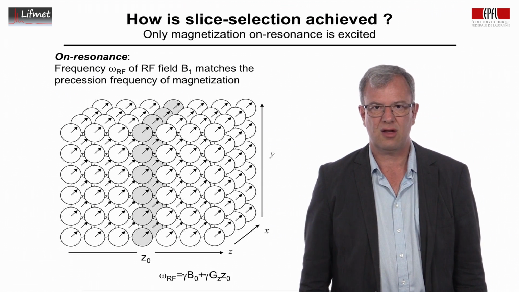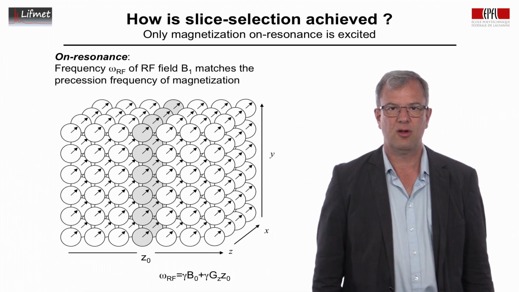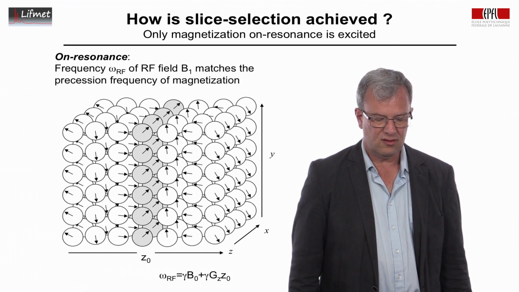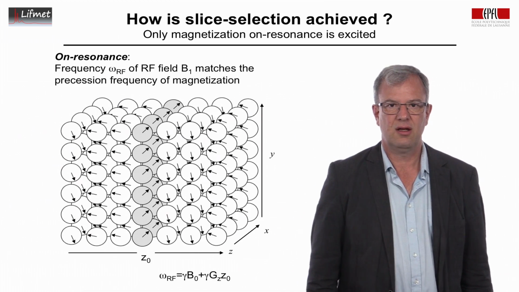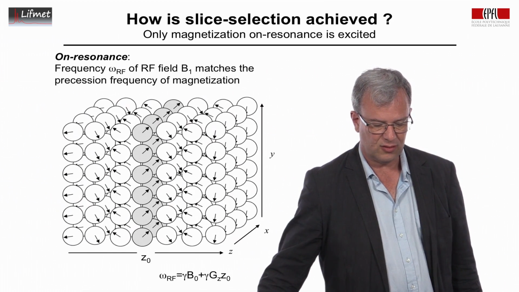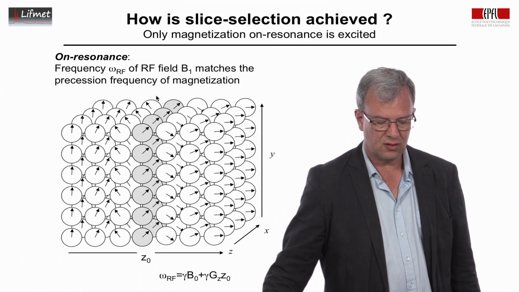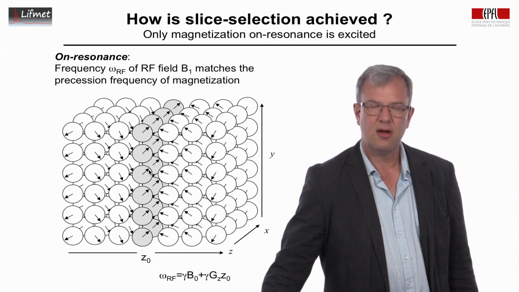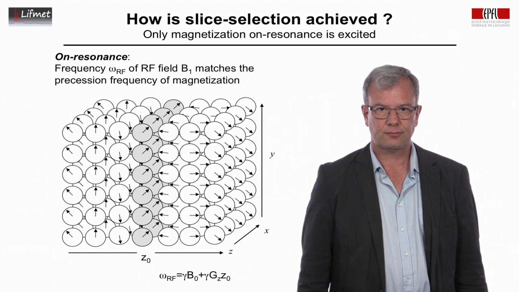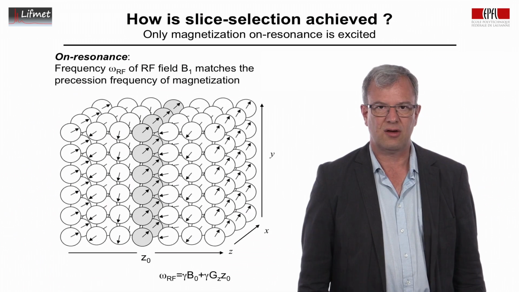If we set omega RF equal to that Larmor frequency, then we are capable of flipping the magnetization into the transverse plane. This is done on resonance, as we have seen that the magnetization that is off resonance is not touched by the RF pulse, by the B1 field, but only those on resonance. So in our rotating frame, which is always set to the frequency of the B1 field, this magnetization can be flipped into the transverse plane.